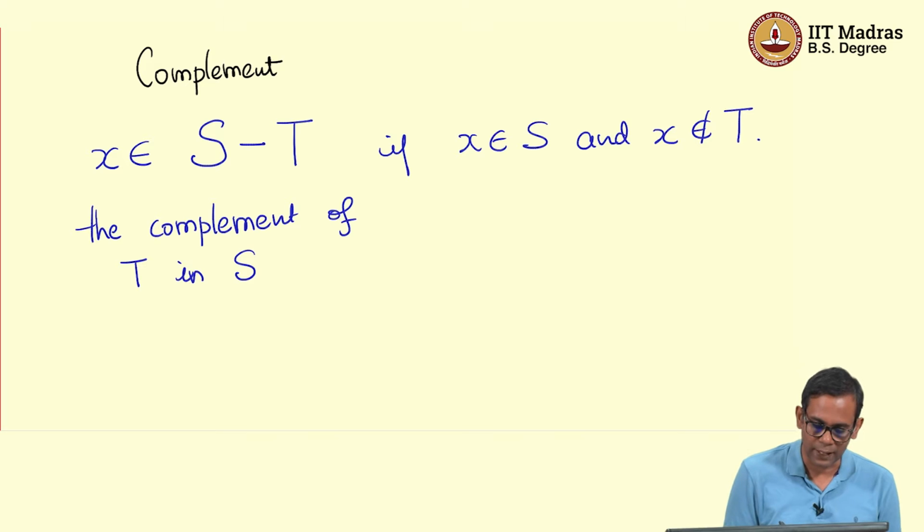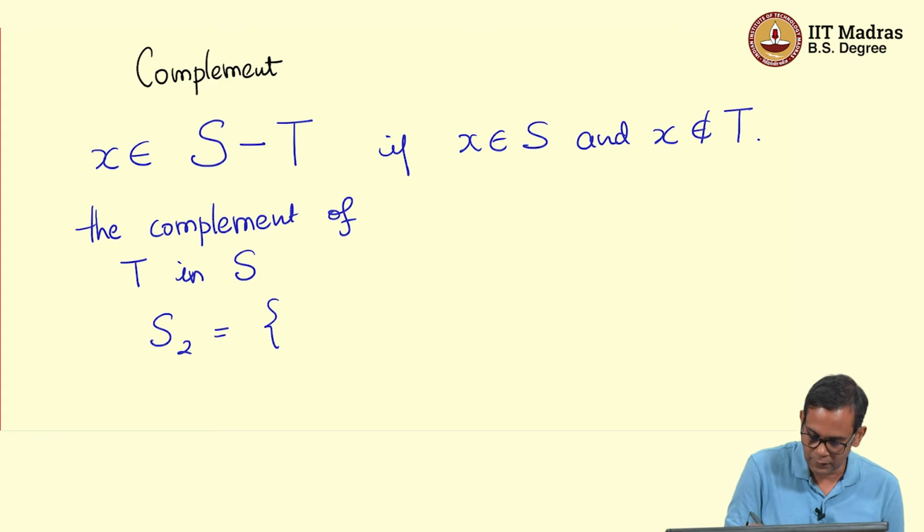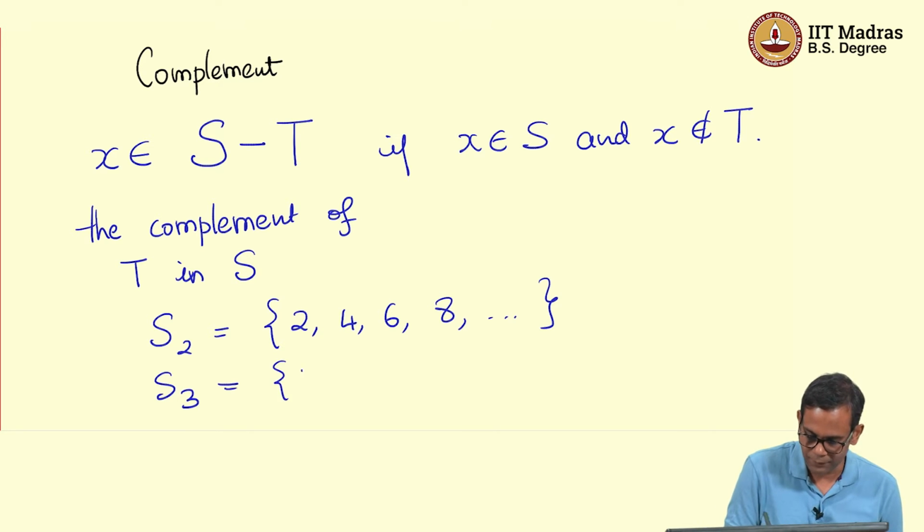So, let us look at, for example, our favorite two sets that we had: S2, which is the even numbers, 2, 4, 6, 8 and so on, and S3, the multiples of 3: 3, 6, 9, 12 and so on.